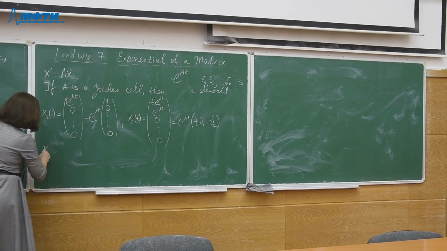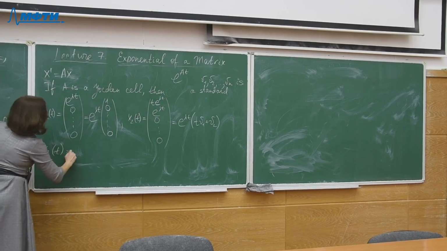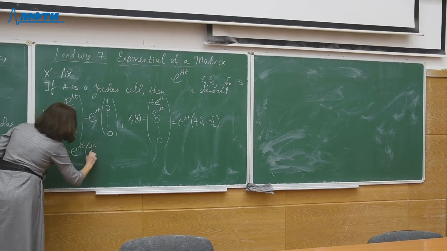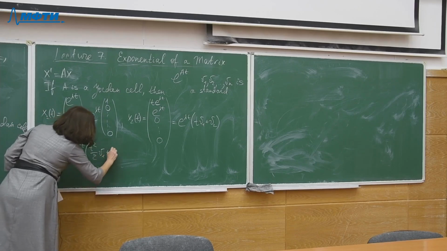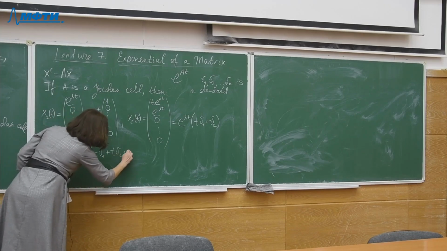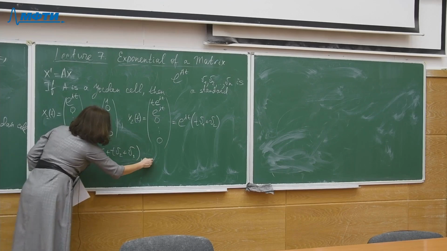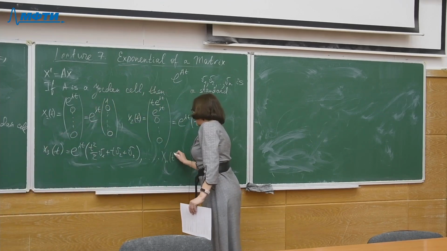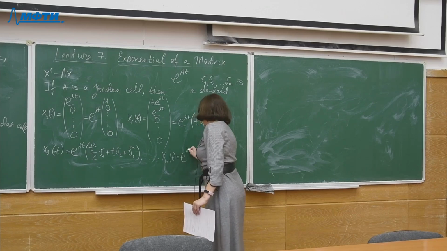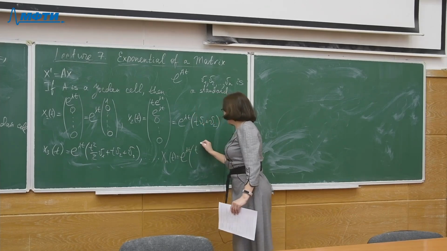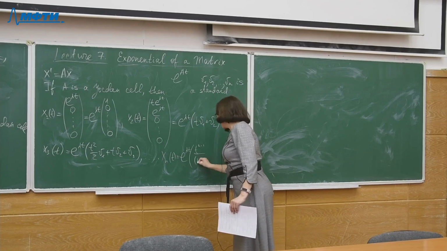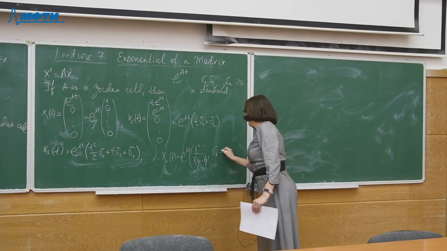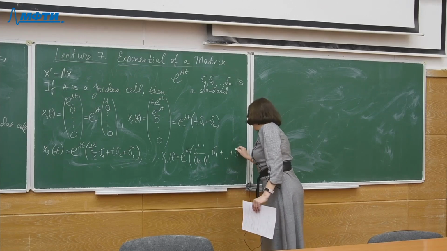The third solution will be given by e to the power lambda t times t squared over 2 v1 plus t v2 plus v3, and so on. And the last solution will be given by e to the power lambda t times t to the n minus 1 over n minus 1 factorial v1 plus and so on, plus vn.